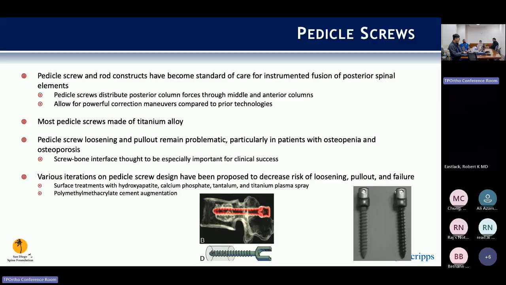Key biomechanical variables include bone quality, screw length, diameter, as well as adjuncts like surface coating or cement augmentation. Screw loosening and pull-out remain challenges, particularly in patients with osteoporotic bone, and enhancements in screw thread design, surface treatments, and trajectory planning help. Cement augmentation and coatings such as hydroxyapatite plasma spray can increase pull-out strength.